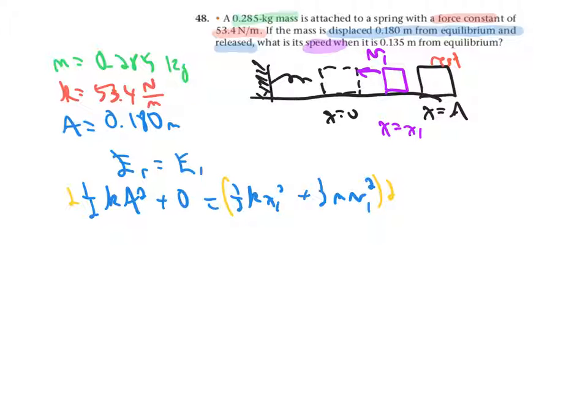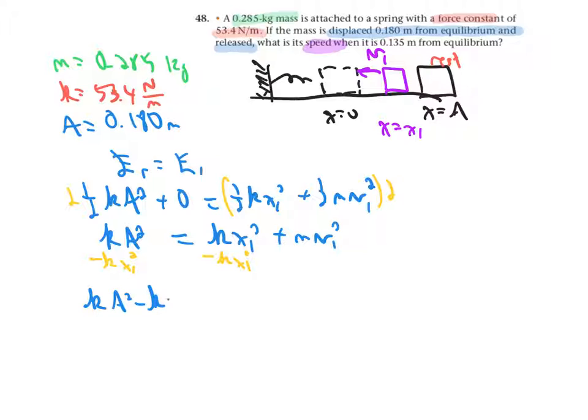So I'm left with k a squared equals k x1 squared plus m v1 squared, and then maybe subtract off k x1 squared from both sides, giving us k a squared minus k x1 squared, and left with m v1 squared, and then divide by m. I'm also going to factor out the k, so I get k over m, and then we have a squared minus x1 squared, and over here we're just left with v1 squared.